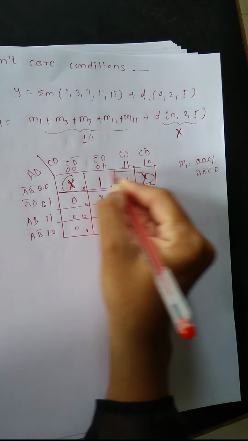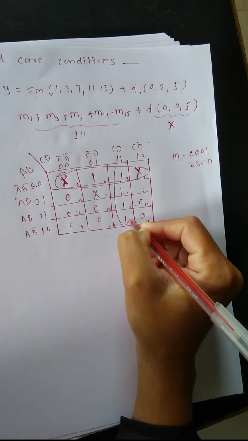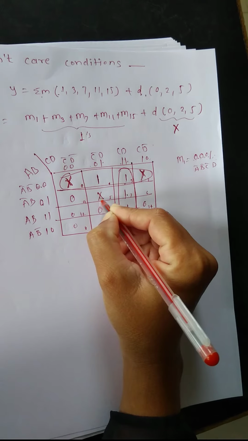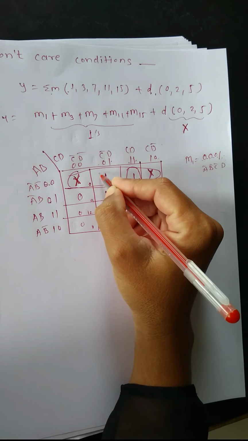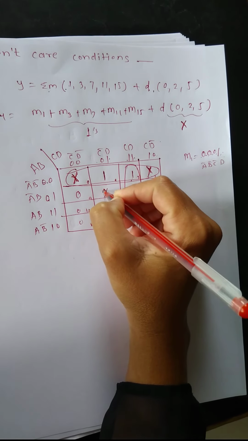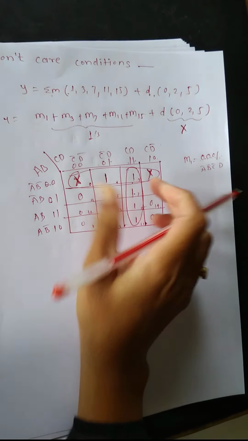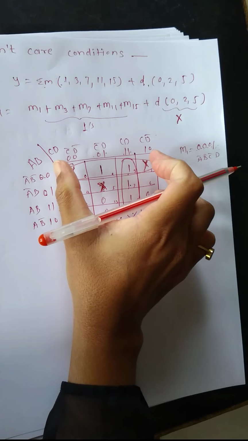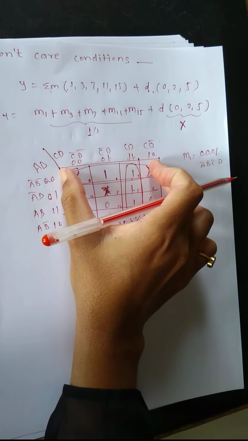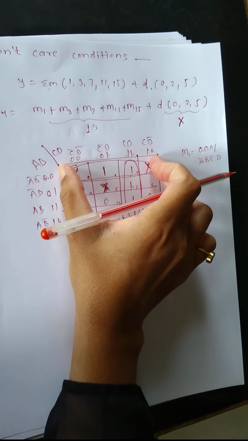So this one grouping and this one grouping, and for this don't care you have to consider as a logic 0, but for these two don't care conditions, as per need of simplification, we consider logic 1.